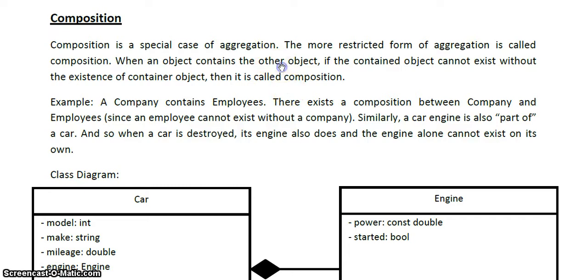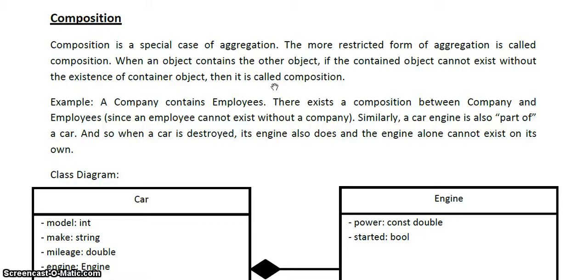When an object contains another object, if the contained object cannot exist without the existence of the container, then it's called composition. So here we are discussing a case. For example, the company contains employees. The employee is basically a term which is related to a company. Company has employees. That person might exist, but in the context of the company, the employee will not exist if the company does not exist.